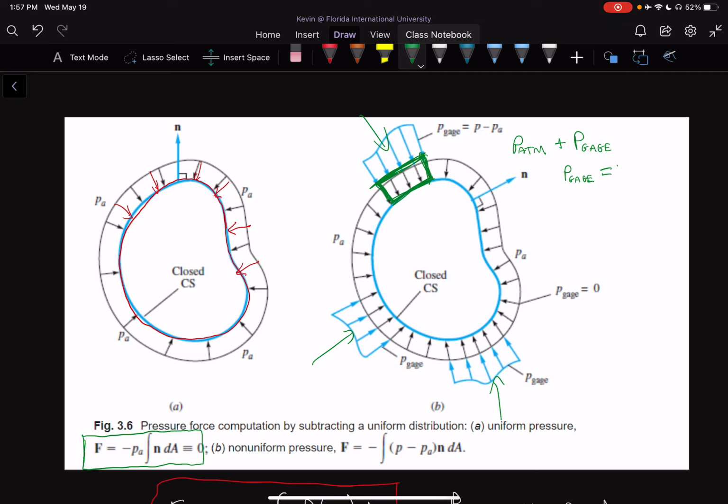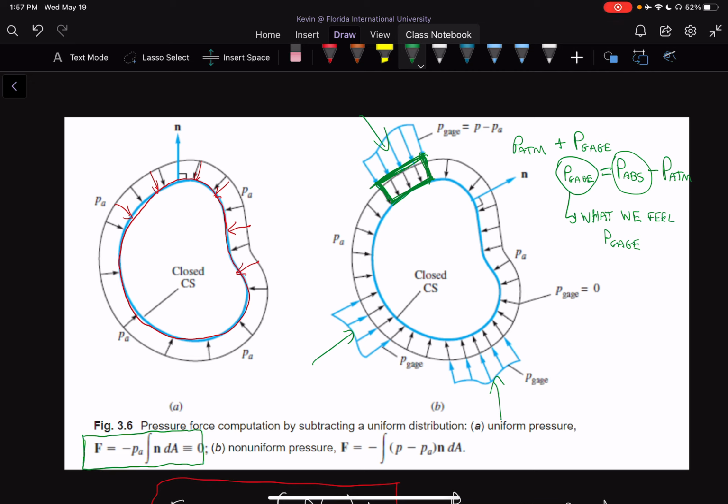The total pressure is actually the absolute pressure. But what we feel, as a human, if we have pressure on us, is this P gauge, because the atmospheric pressure is being canceled out throughout the system.